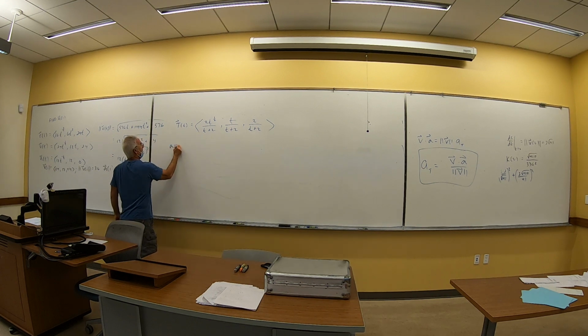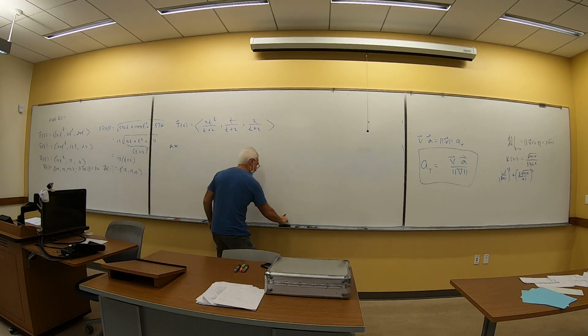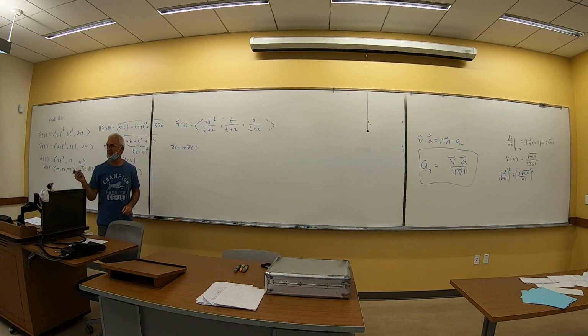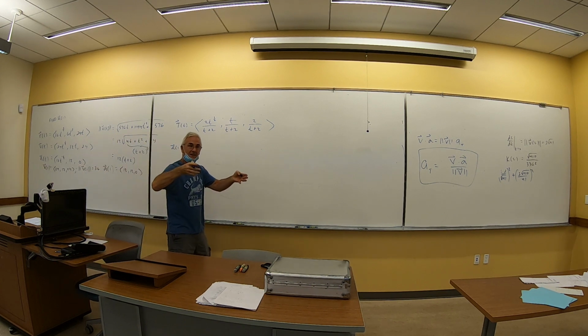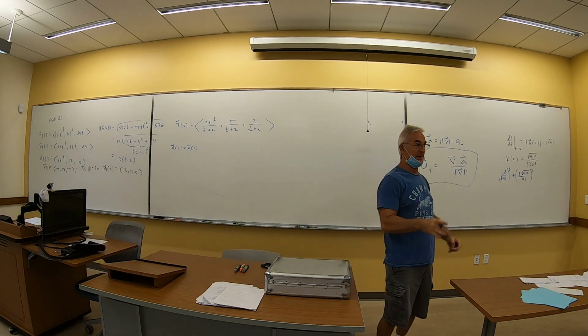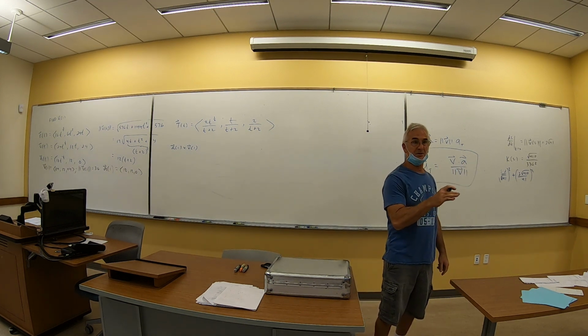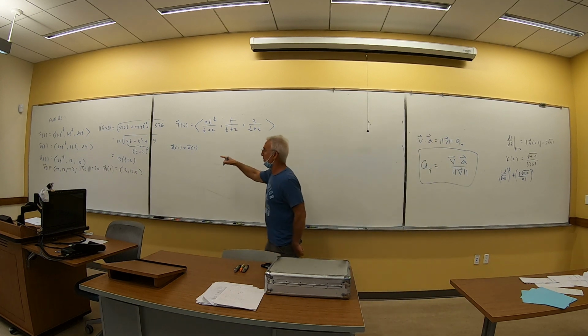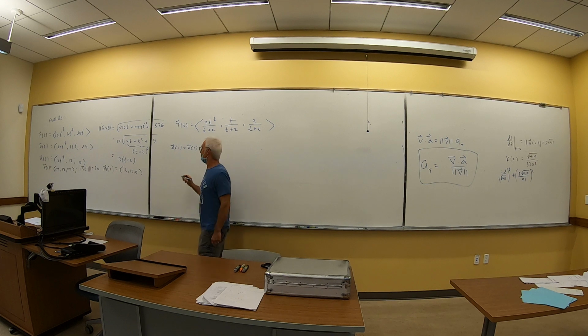So, A of 1 cross V of 1. If I write A cross V, it's kind of implied that it's A of T. When I drop the of T, when I write capital T, it's implied that it's of T, right? Capital N of T. We can get lazy and do that. But if I'm evaluating a particular number, I really need to show that, because otherwise, that would still be in functional form.